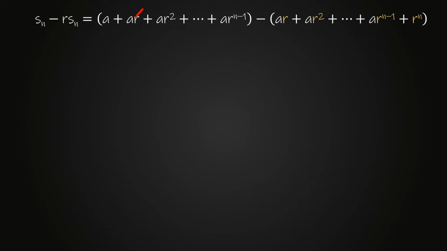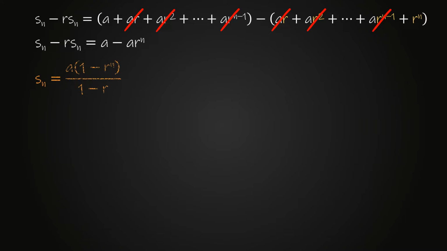Notice that most of the terms get cancelled, and only the first and last terms remain. Solve for the nth partial sum. Therefore, the nth partial sum of the series is given by the following formula.